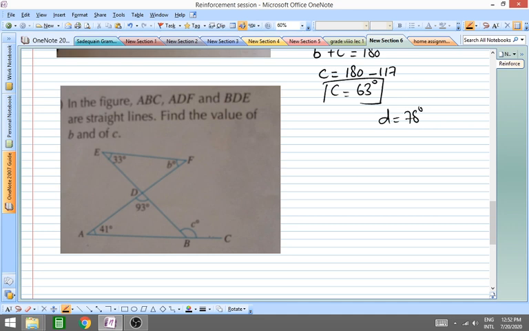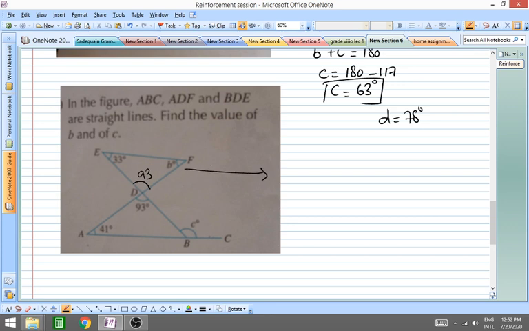So in the first part, one must see that the two lines are intersecting. So the two lines are intersecting, then this angle D here must be equal to 93 as per the definition of a vertically opposite angle. So in order to find B, how to write an equation?